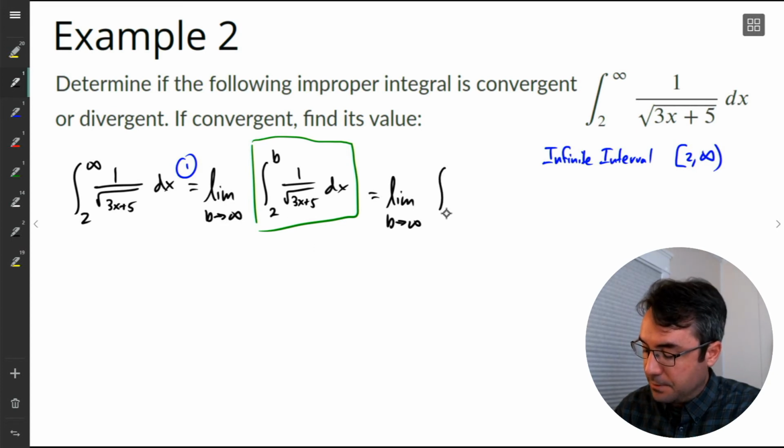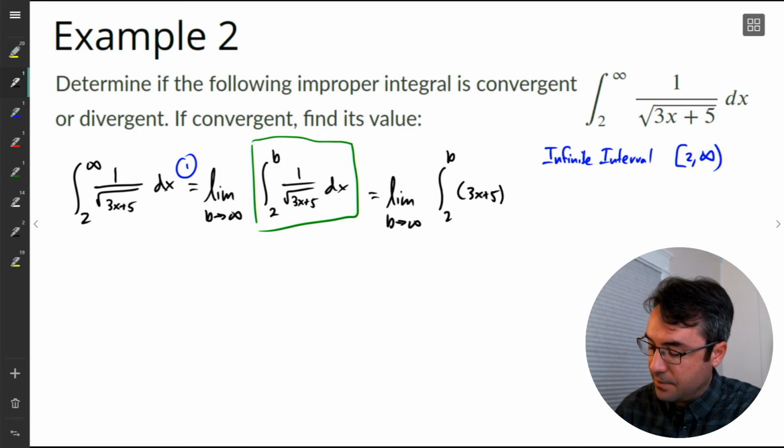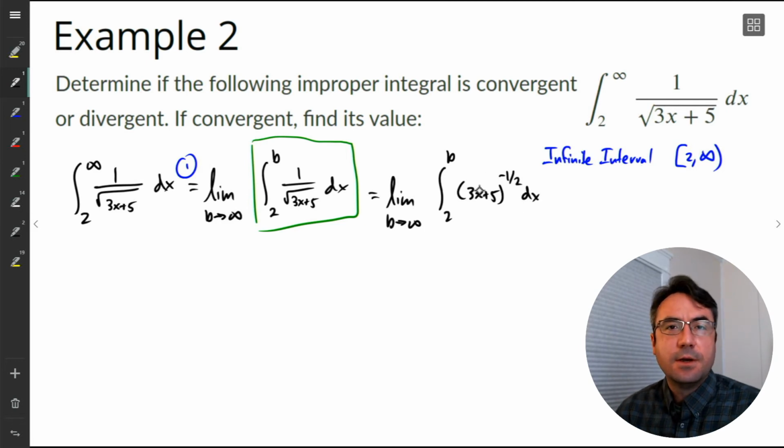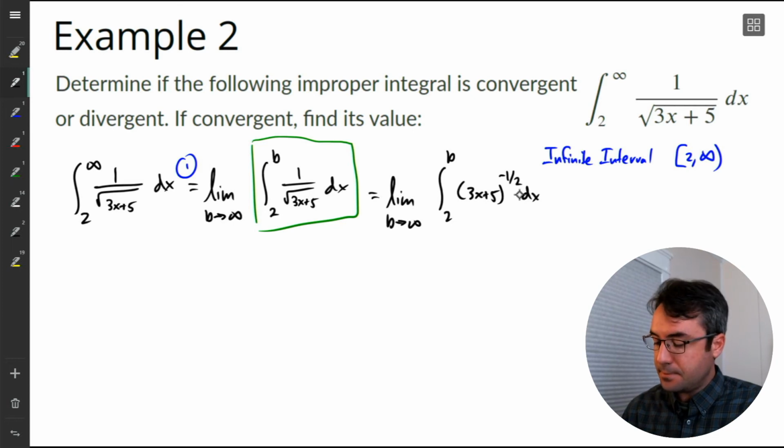This is just going to help us find the antiderivative. So we're going to write this as 3x plus 5 raised to the negative 1/2. Kind of our usual process for doing antiderivatives when we have possibly a fraction or possibly a root function like this.